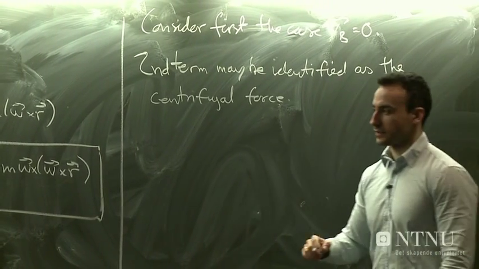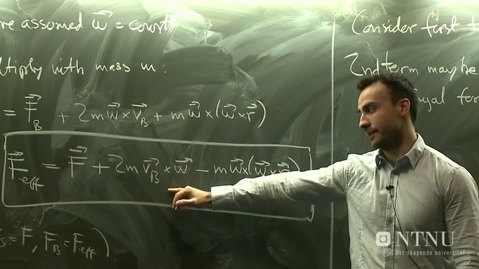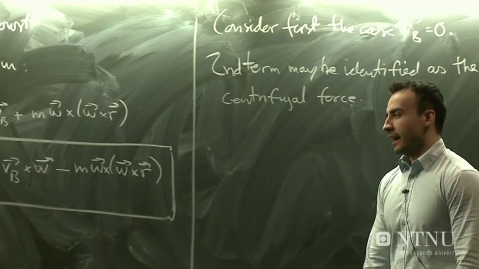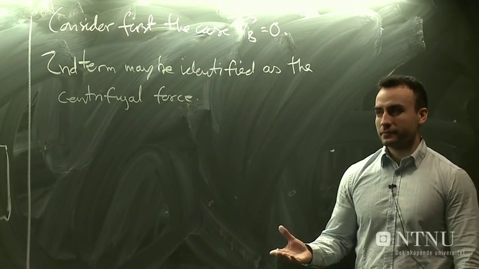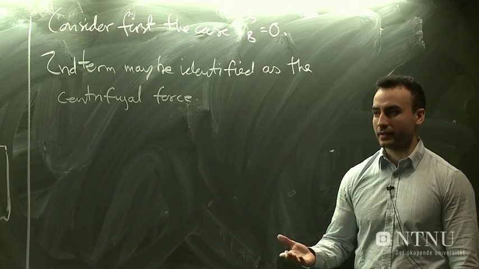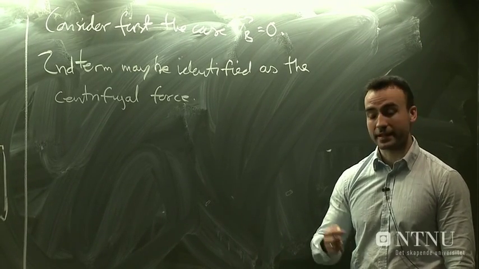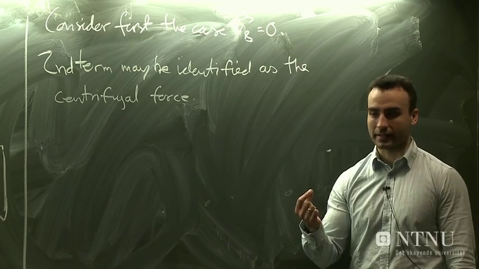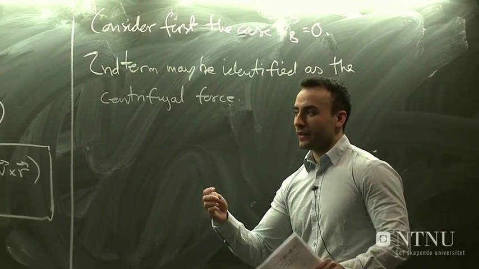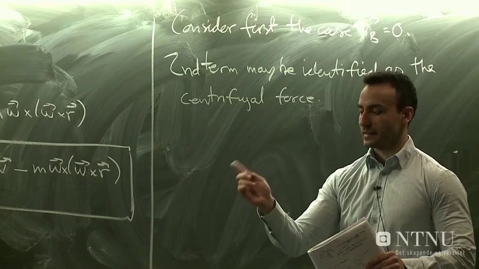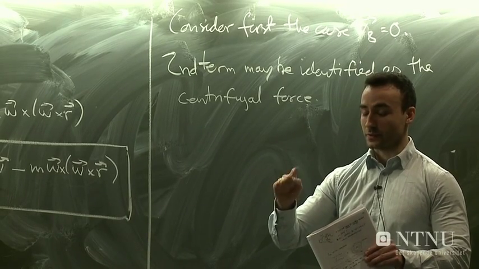So let's now try to say something about this term here. And so you may consider yourself moving inside the car. Perhaps that's a bit artificial. Let's say you're on a carousel. Okay, you're at the Tivoli, and then you have these merry-go-rounds, which we can assume have a circular form.